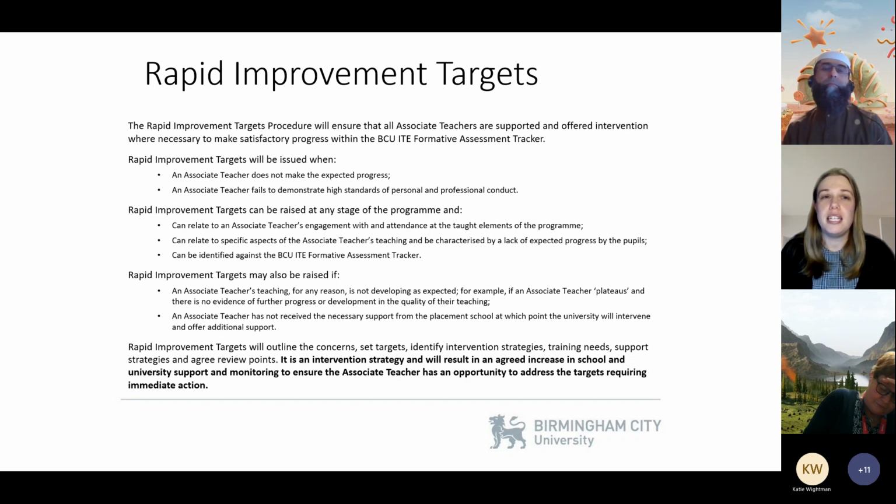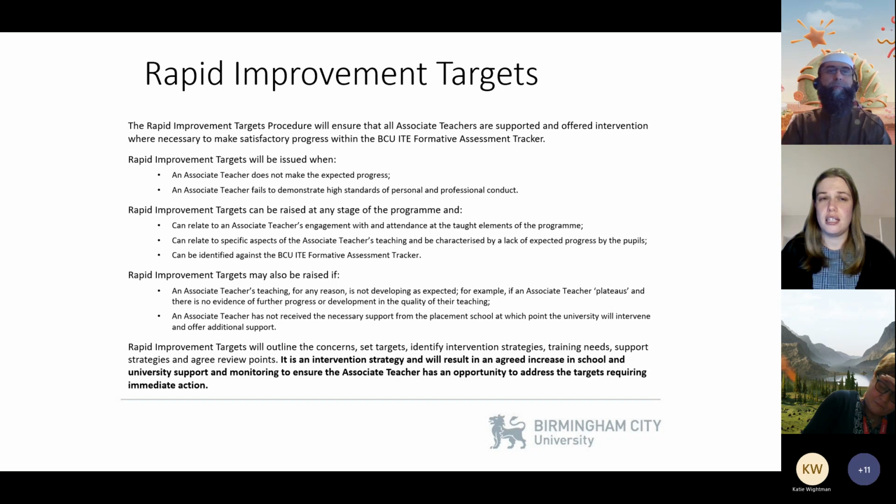These can also be put in place if you've got concerns around personal and professional conduct. So if you've got any concerns around professional behaviours, then RIT targets can be issued to address those.